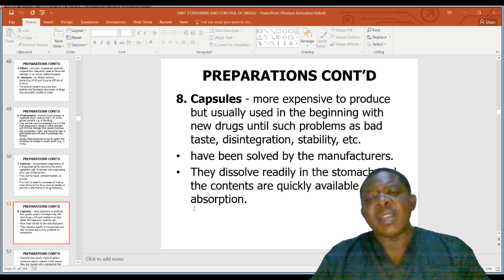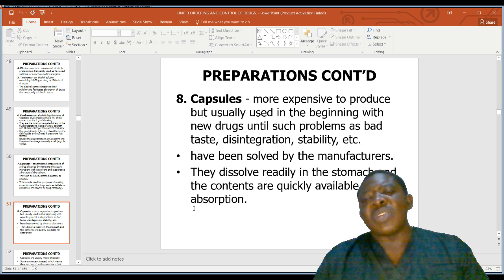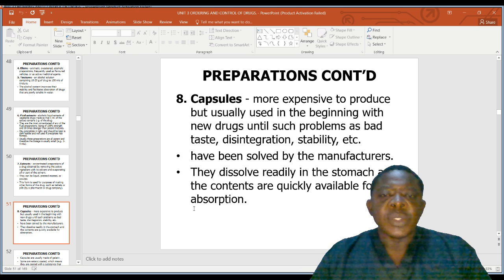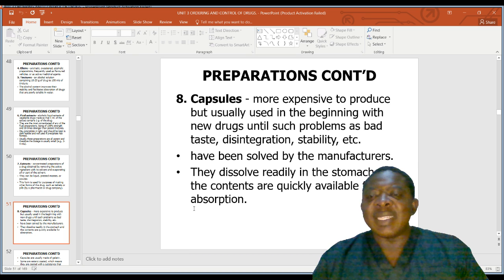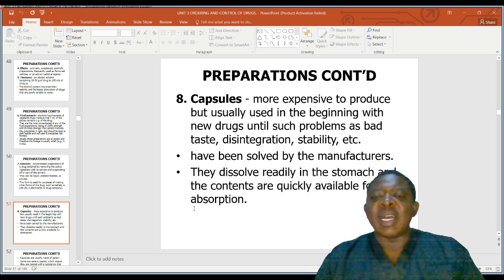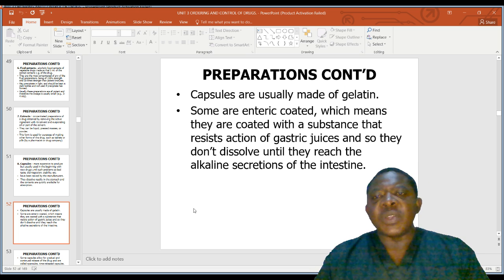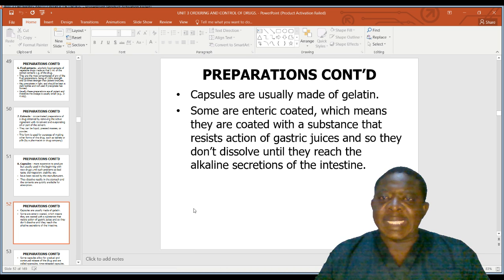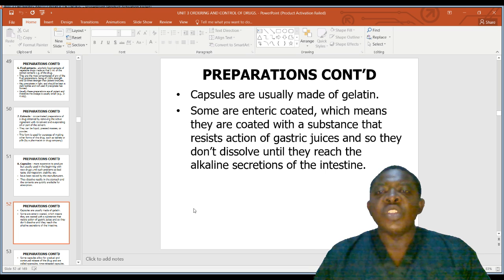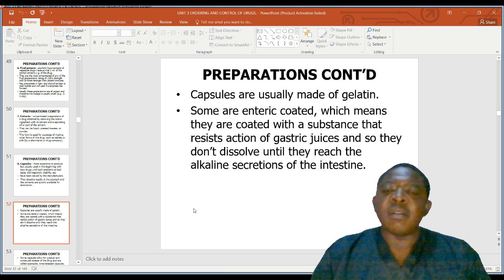Even someone in their backyard can compound a drug in a capsule. They dissolve readily in the stomach, and the contents are quickly available for absorption. Capsules are usually made of gelatin.